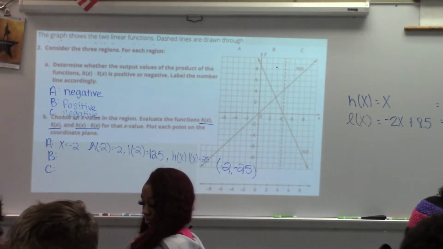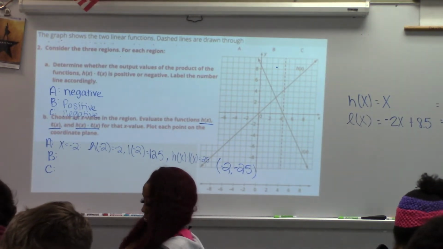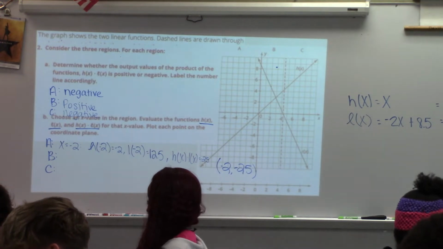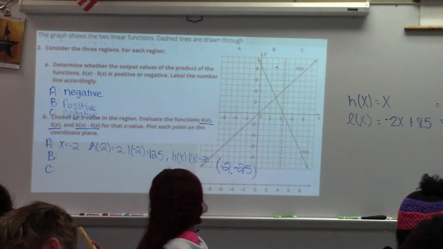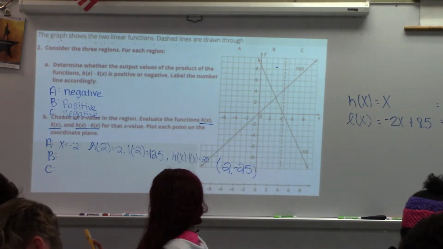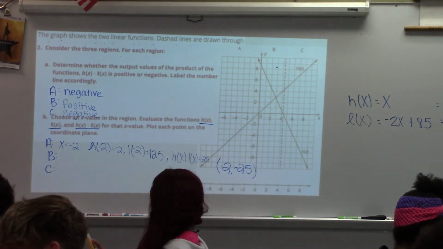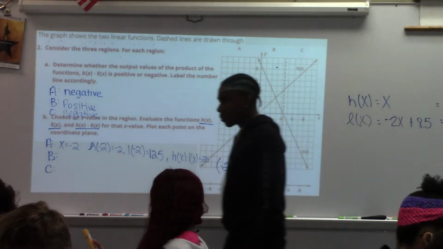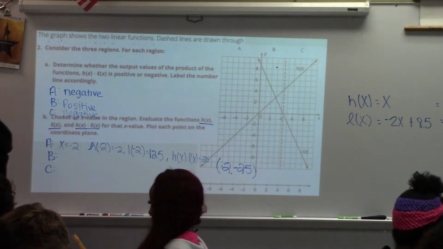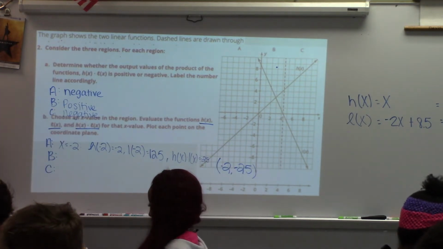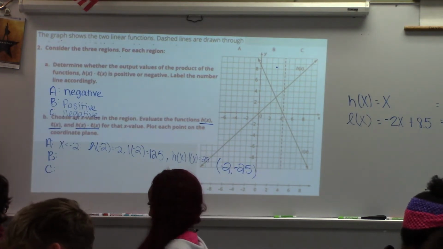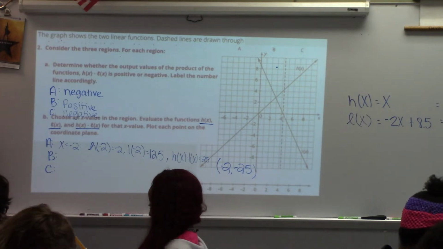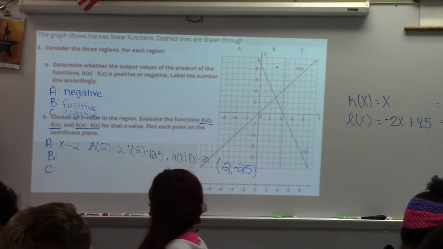Number 4? Okay. It's asking you about when one of the linear factors is at 0. So here, when x is equal to like 4 point something, the y value of this one is 0 and the y value of this one is positive. What's that product going to be? 0 times anything.